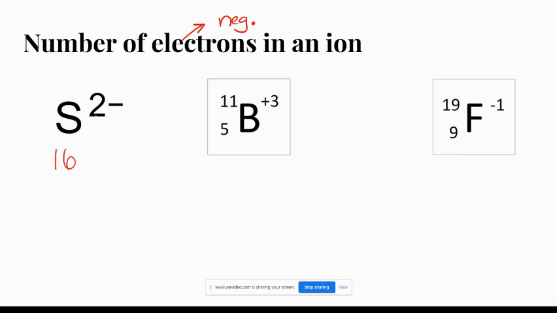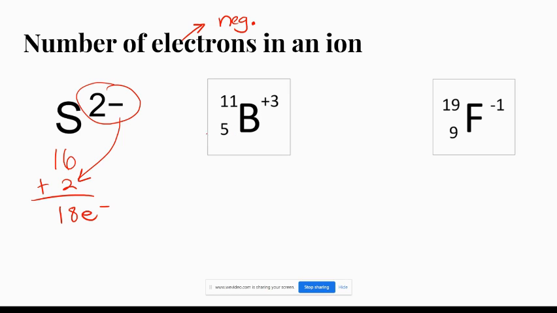So if this became more negative, did it gain electrons or lose them? Gained. And how many did it gain? 2. So it normally has 16, it has gained 2 electrons.